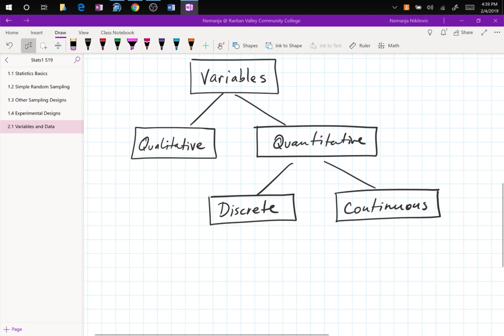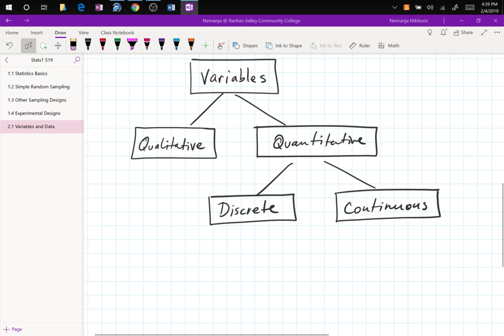And now, when we assign values to these variables, it becomes data. So, color of a chair is a variable. But when I say red chair, blue chair, black chair, green chair, I am giving you data.